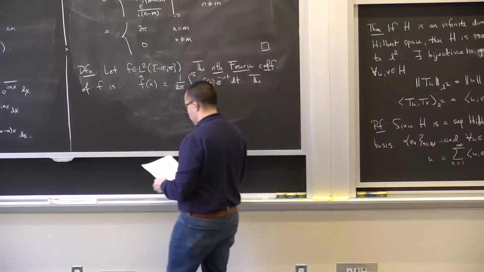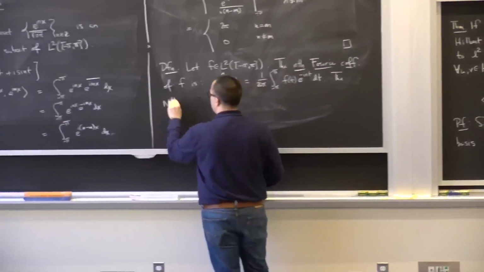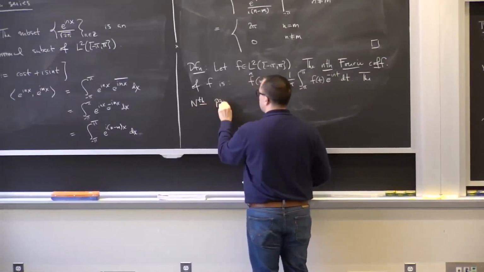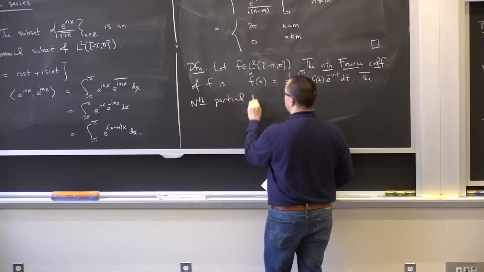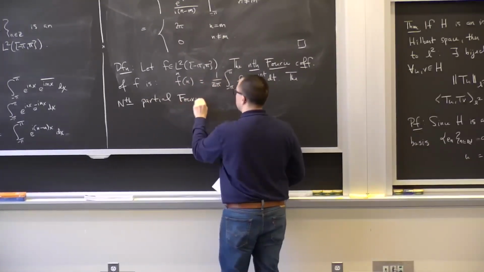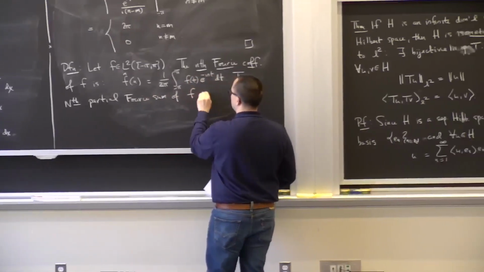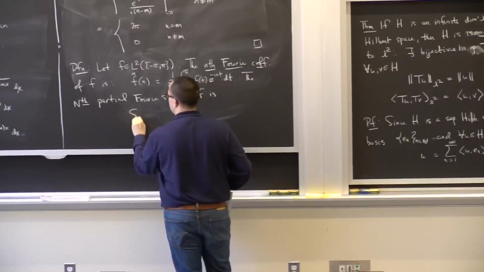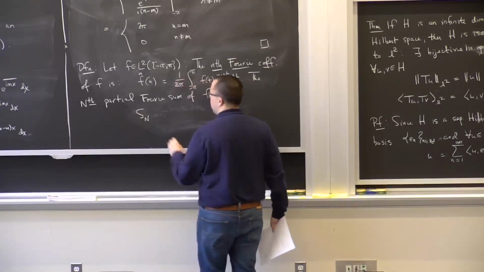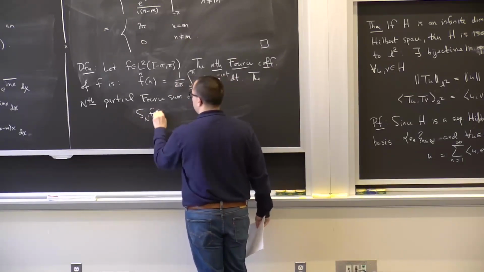And the nth partial Fourier sum of f is denoted by capital S sub N of f of x.